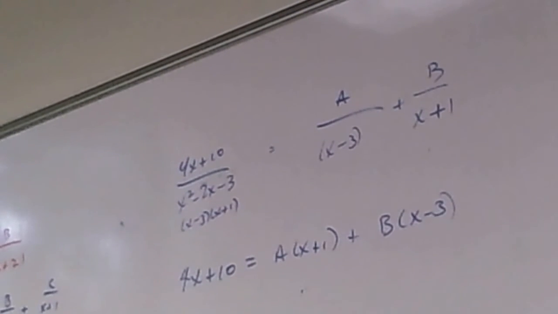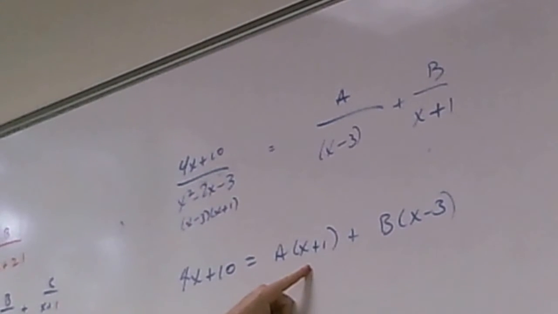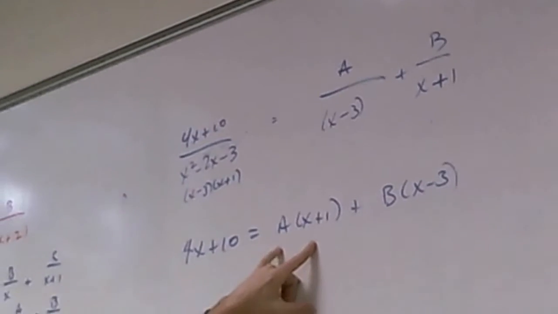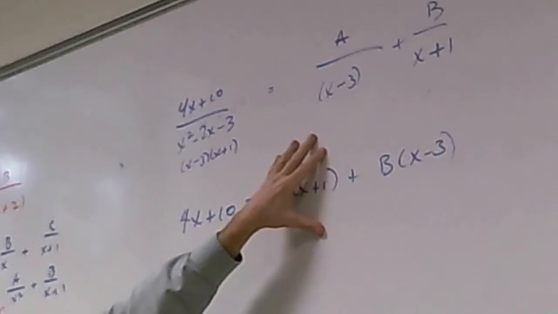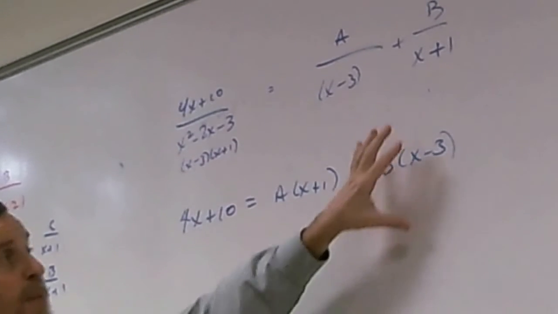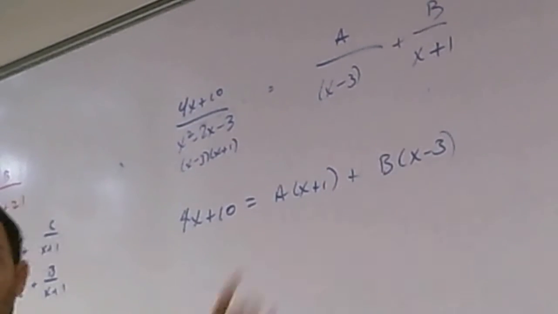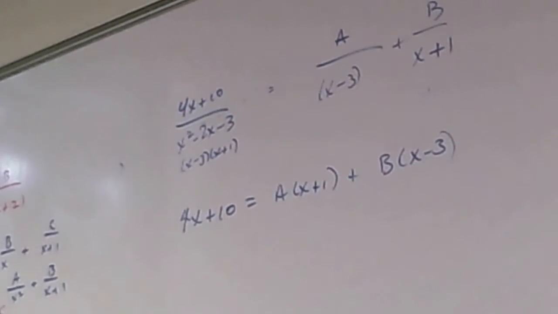Okay, now, there's nothing wrong with doing what he did, because I can definitely solve for B by putting negative 1 in here, because that goes away. And I can definitely solve for A by putting 3 in here. When you end up with repeated roots, that method is going to fail you.